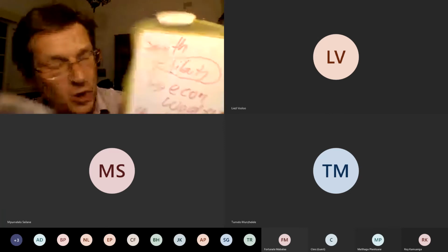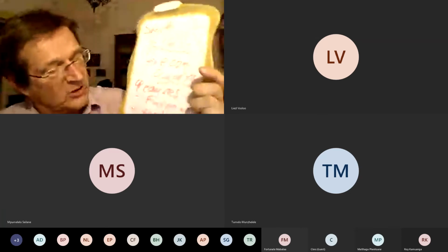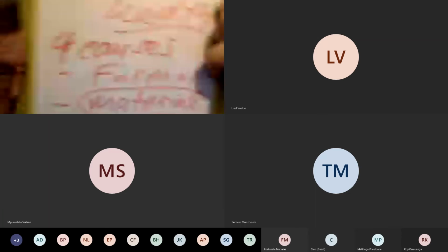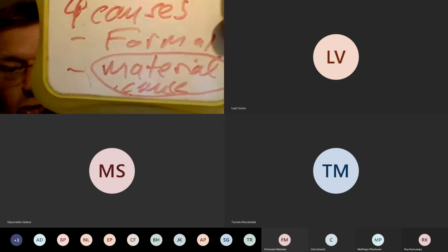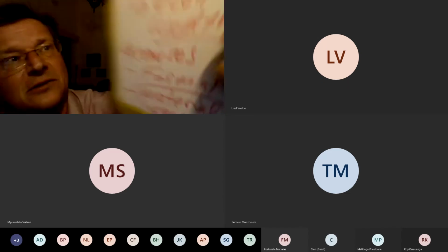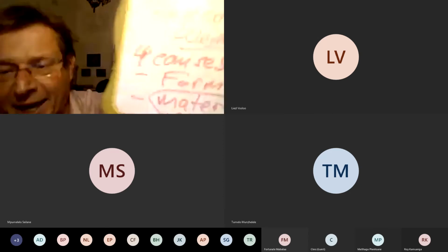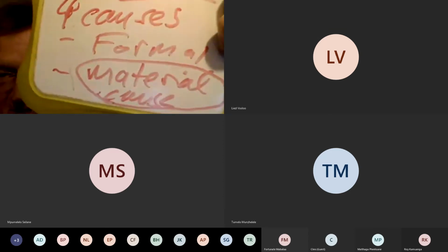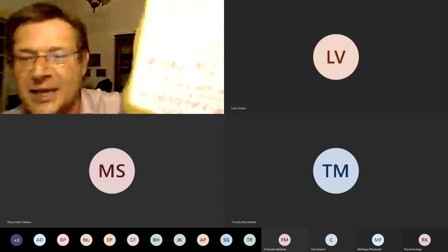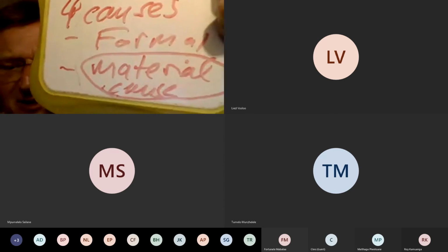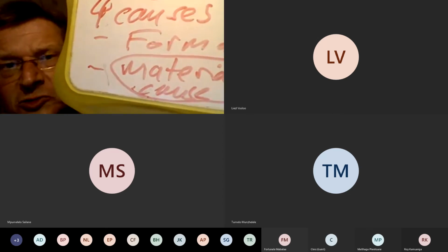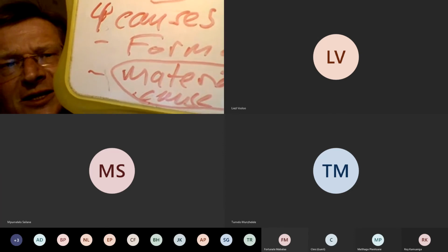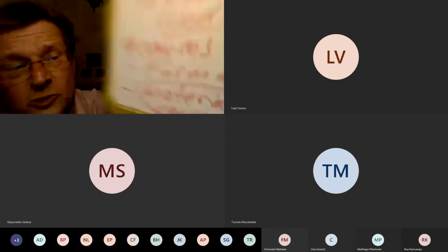Liberty in the sense of the producers having the ability, having the opportunity to produce the things. Okay, they will be producing the things. We could also say the consumers have the ability to choose them, but we're probably going to put that into the final cause rather than the material cause.